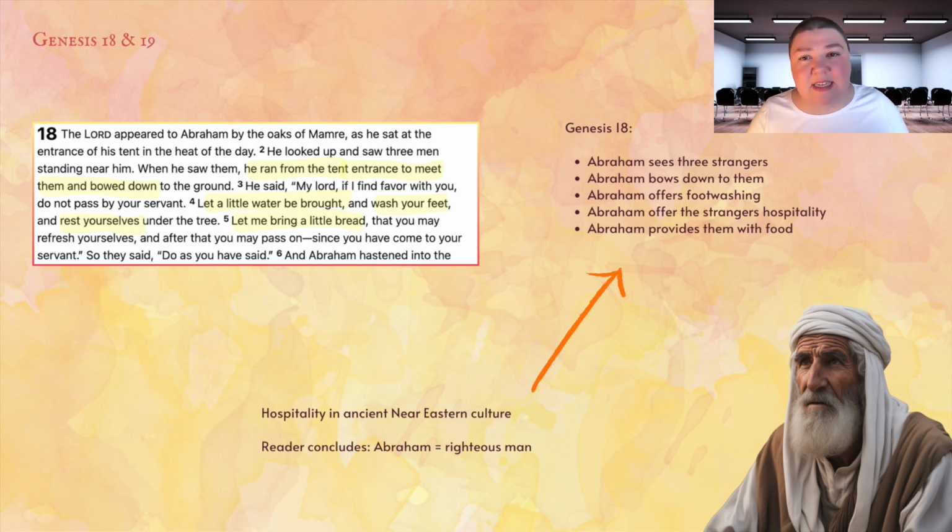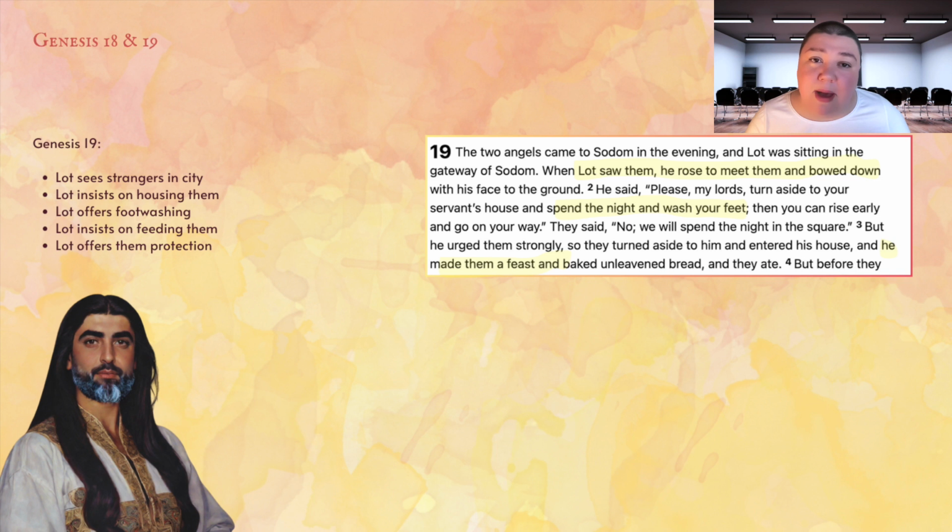So Genesis 18 tells us that Abraham was a very hospitable man, kind to strangers. Ergo, in this culture, Abraham is an honorable man. He is a righteous man. Now, in the very next chapter, chapter 19, we find a story about Lot. Lot was Abraham's nephew, and he's living in a city with his family.